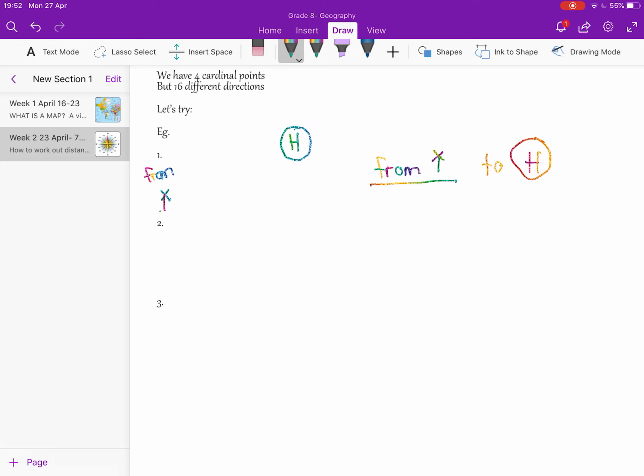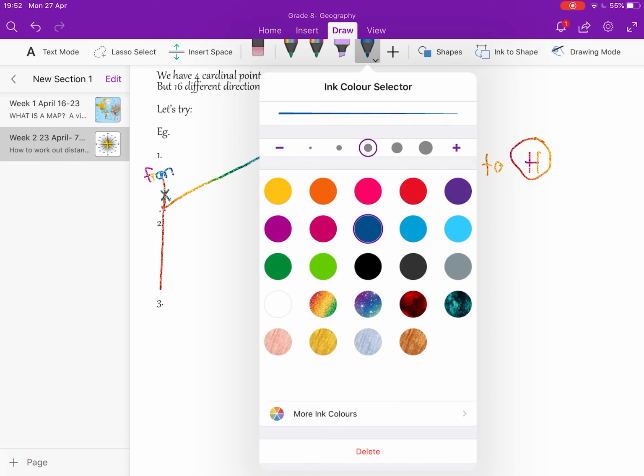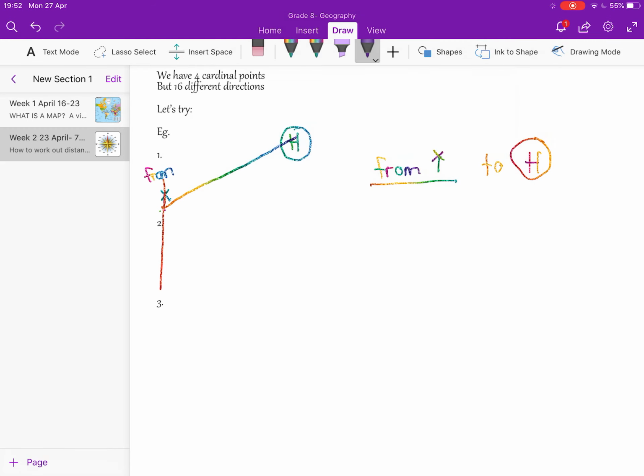So at the from point, you're going to draw a north to south line. And then you are going to link the 2 points that you are working with. And then all you need to do is work out in which direction that line that I just drew in is lying in. So if I had to say, okay, here's my imaginary compass. Here's my 4 cardinal points, north, east, south, and west.